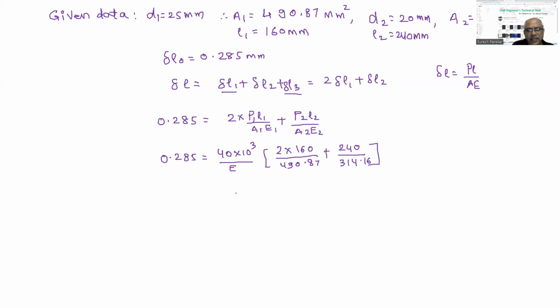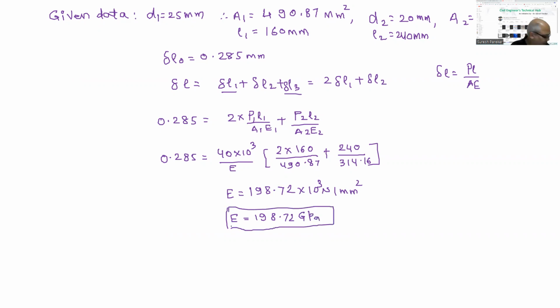If we solve this, we get the value of E, 198.72 into 10 raised to 3 Newton per mm square, that is E equal to 198.72 GPa.